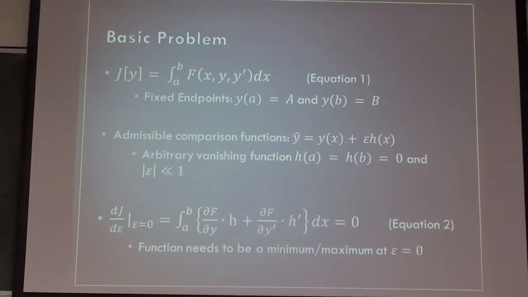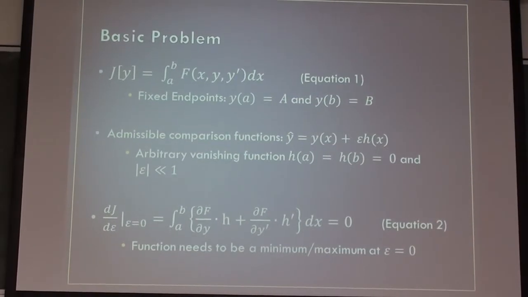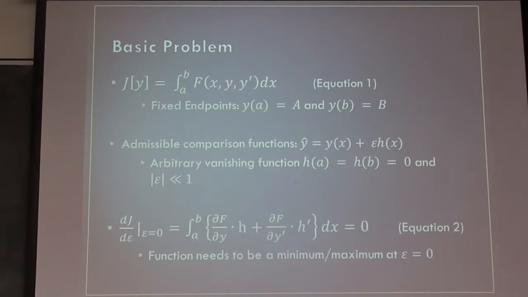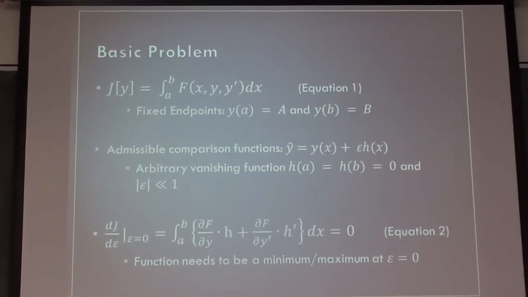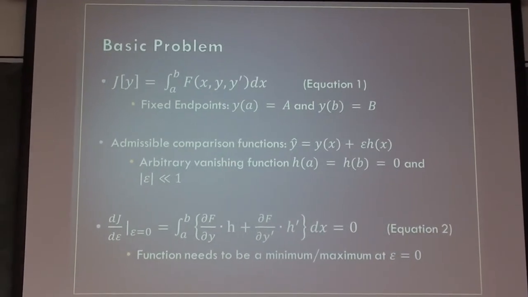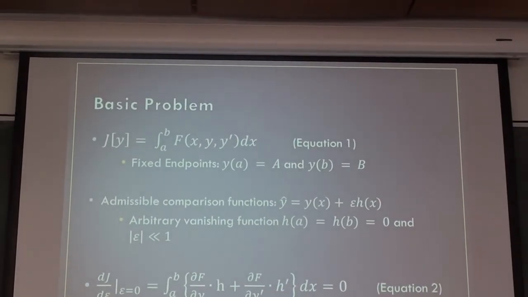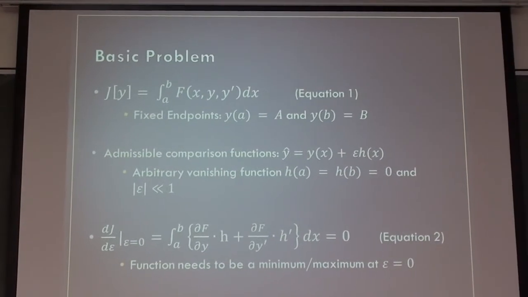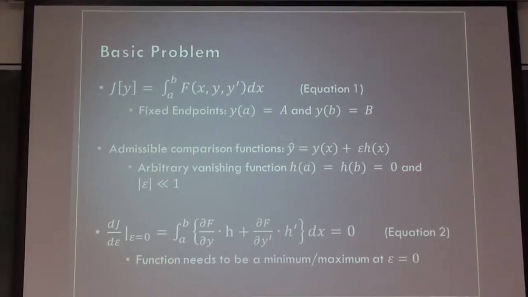I tried to keep the notation as consistent as possible with Kevin and Maggie's talks, but because of some long derivations, I used an h instead of an eta. Nonetheless, the concept is the same as we saw last week, where we're looking around the vicinity of our extremal y, and we have vanishing points for h and very small epsilon. So we're looking at a set of functions that are like y, but not quite.